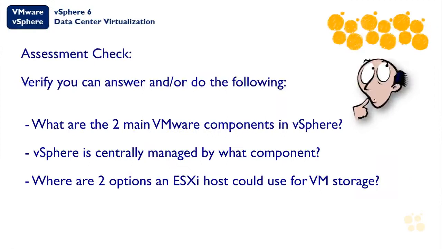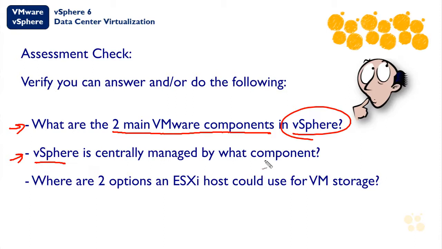It's quiz time! All right, as an assessment for what we've just covered in this nugget, let's take a look at these 3 questions. Number 1, what are the 2 main VMware components in vSphere? They will always be there for any environment that says, hey, we're using vSphere. Question number 2, vSphere is centrally managed by what component?